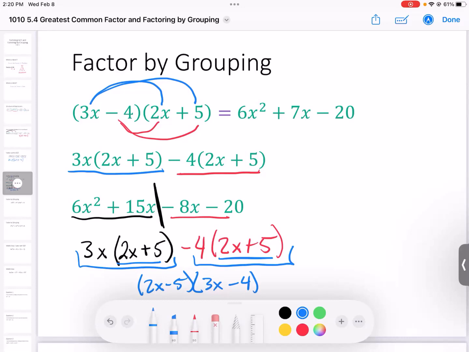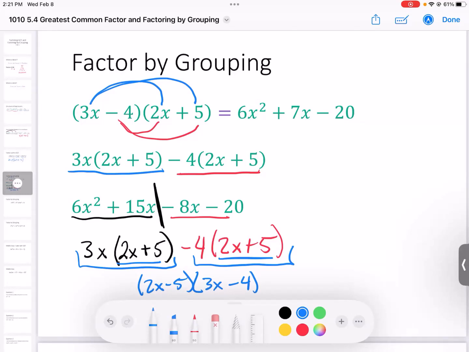It's a rather complicated common factor, but that's what we pull out. When I divide this term by that common factor, the 2x plus 5s cancel out, and I'm left with 3x. And same thing here, I divide this by 2x plus 5, and I'm left with a -4.